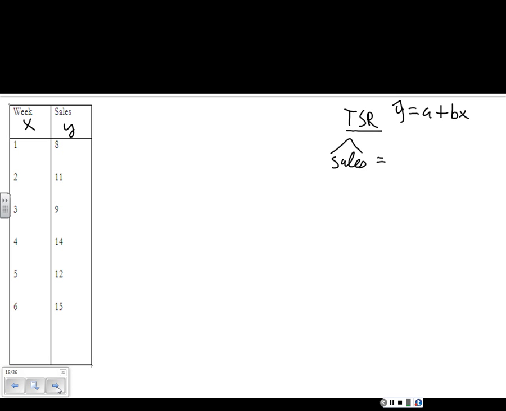Okay, and so when you do that, then go stat, tests, Lin regression t-test. It's a little easier to get to. It's closer if you arrow up instead of down. And so you do Lin regression t-test, and then just tell it what list you put the X in and what list you put the Y in. And I know you have to put not equal to on the hypothesis.